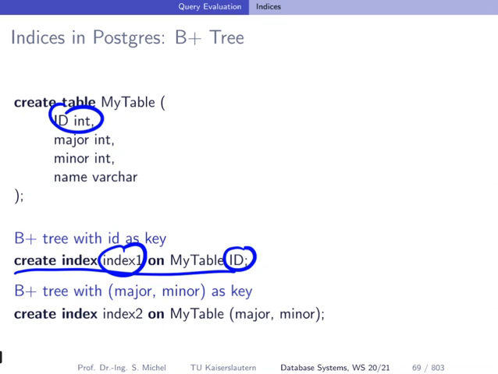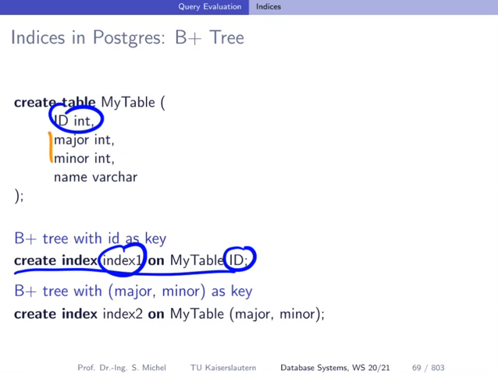We can also have an index, or B+ tree index in this case, which is a composite index. We briefly mentioned this already. In a composite index, you can build indices over a set of, or a sequence of attributes. So here we want to build a composite index on these two fields.